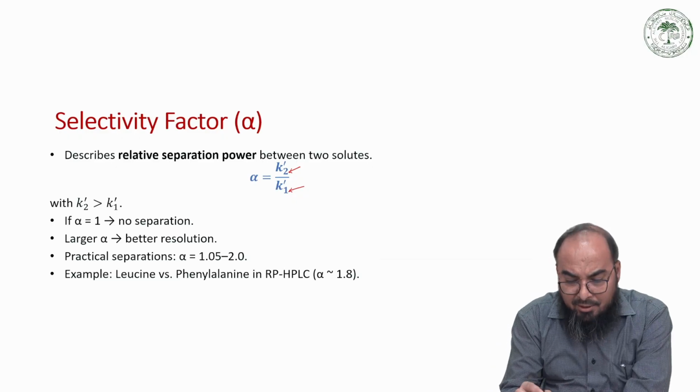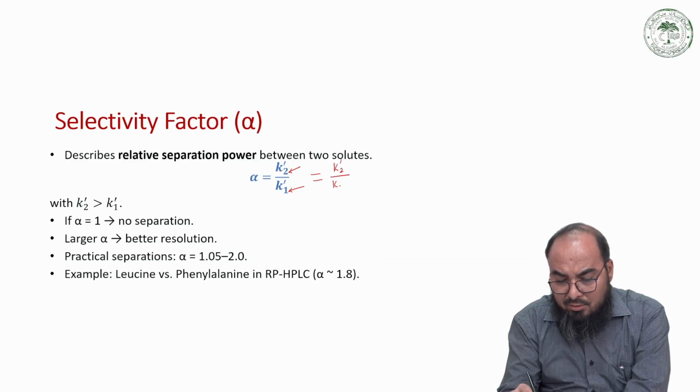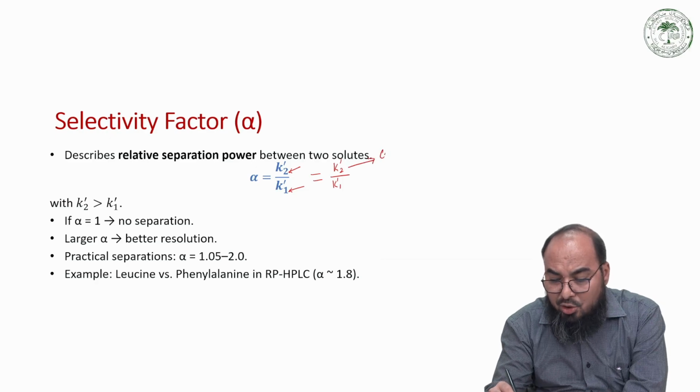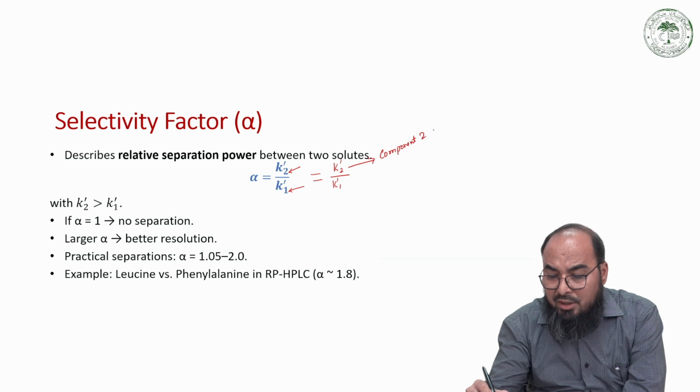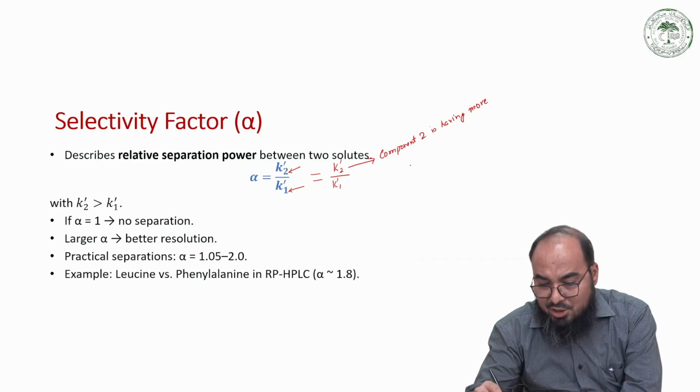K2' upon K1' is telling you that component 2 is having more retention time.